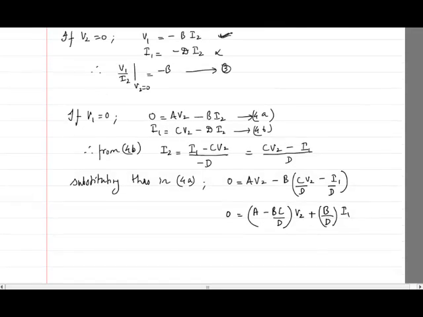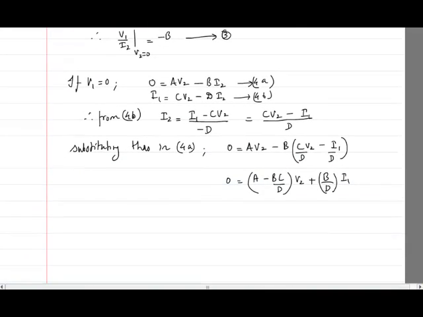From which, see, what I wanted was V2 by I1. So now I have got V2 and I1 here. If I bring the other side, it is going to be minus B by D I1 is equal to AD minus BC divided by D into V2.